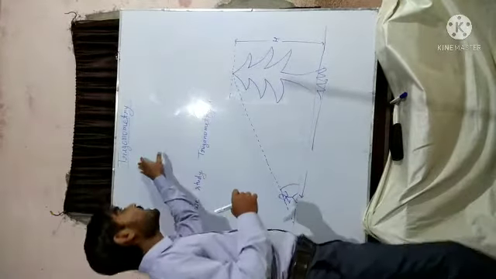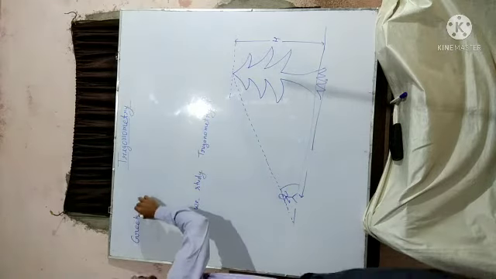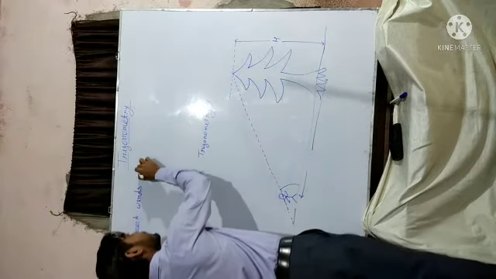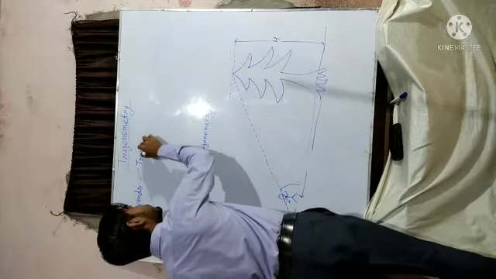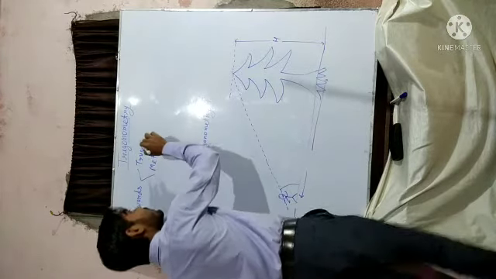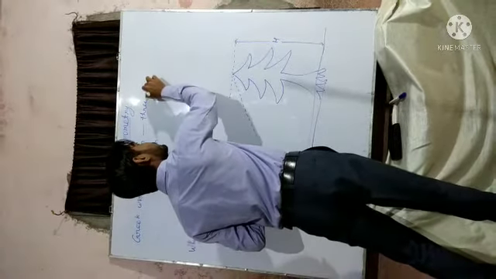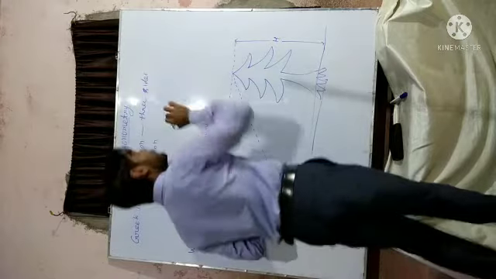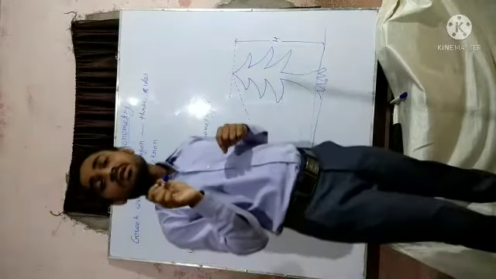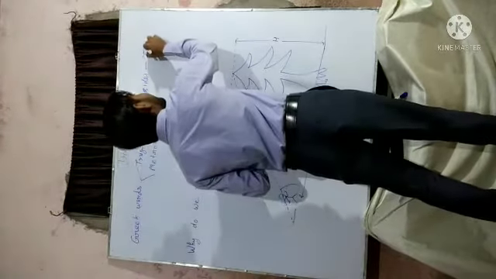The word trigonometry comes from Greek words trigon and metron. Trigon means three sides, and we know the shape which is enclosed by three sides is basically known as a triangle.